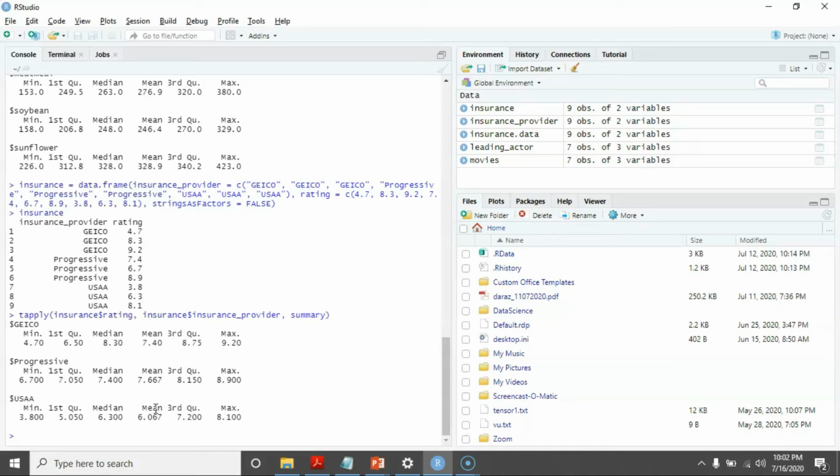Again here, you can see, just focus on minimum, maximum and mean. So GECO has a minimum value of 4.70 and a mean of 7.40.